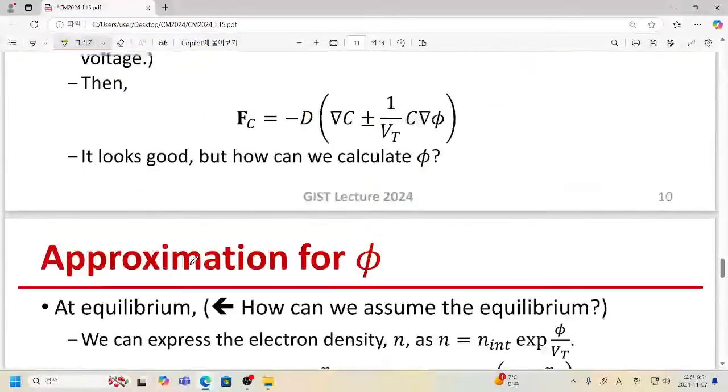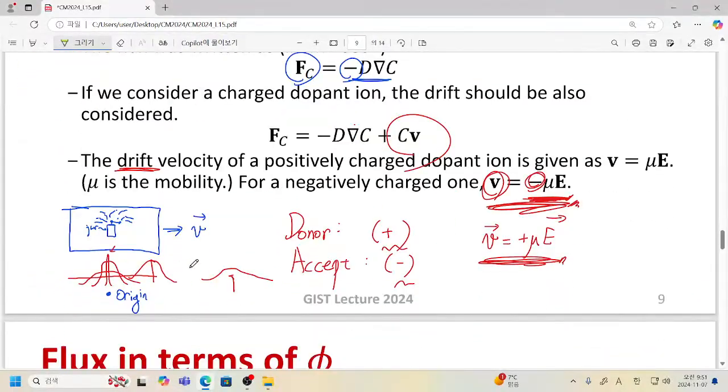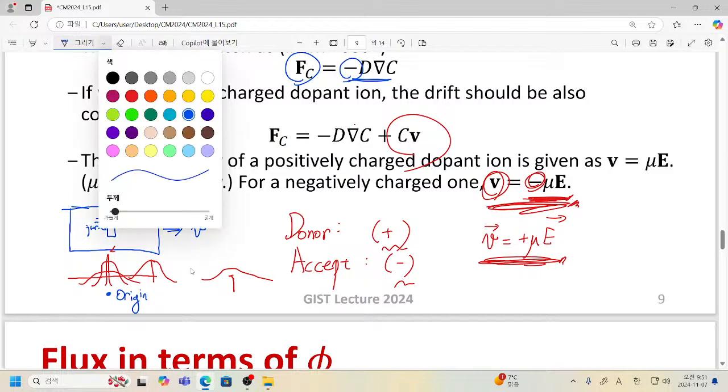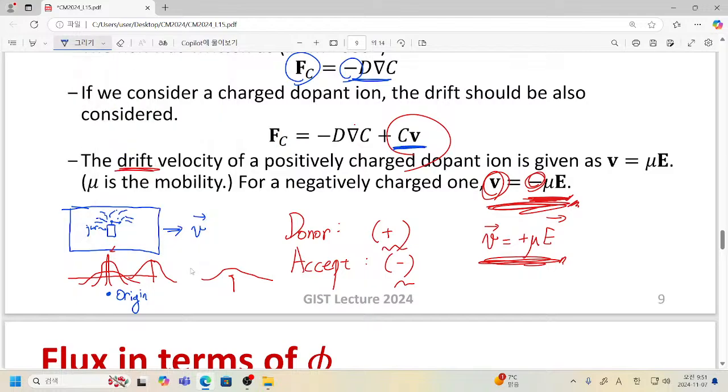Okay, so let me just show you how you can include that effect in your simulation. The point is, now we have to include this velocity. Then in order to calculate this velocity, of course, we must calculate the electric field.